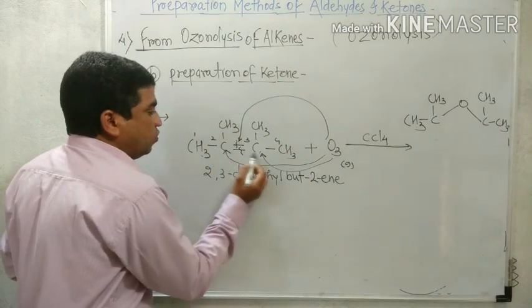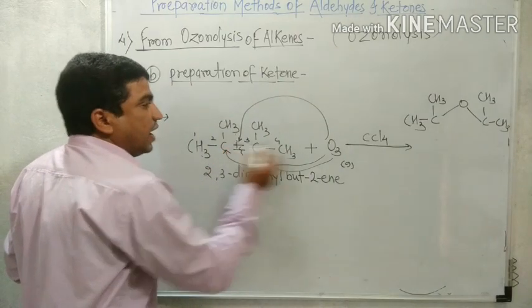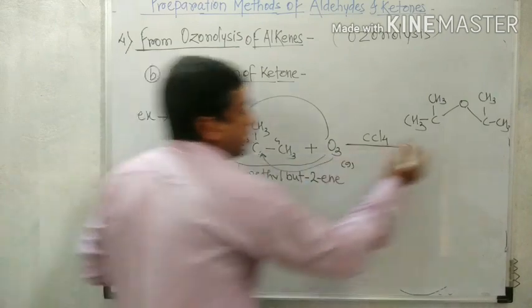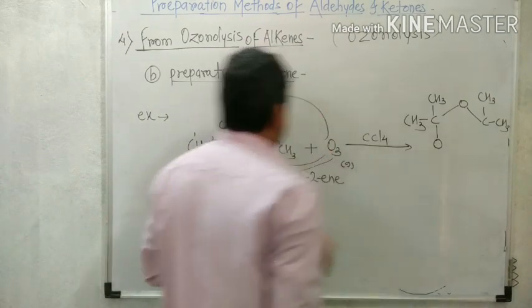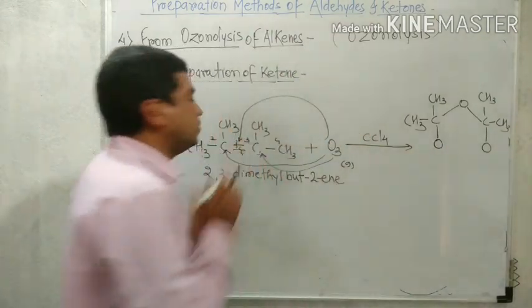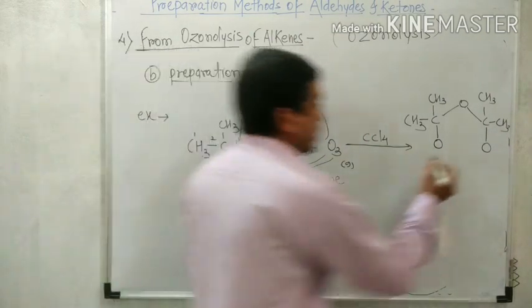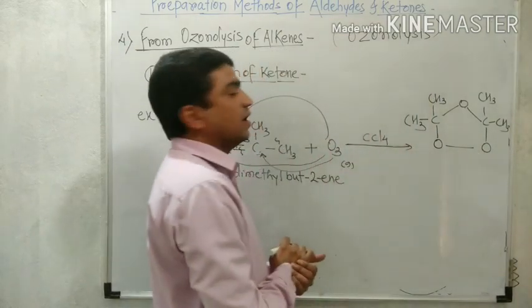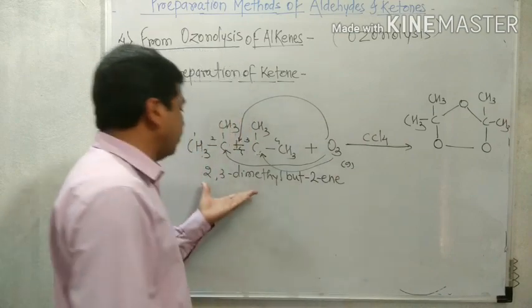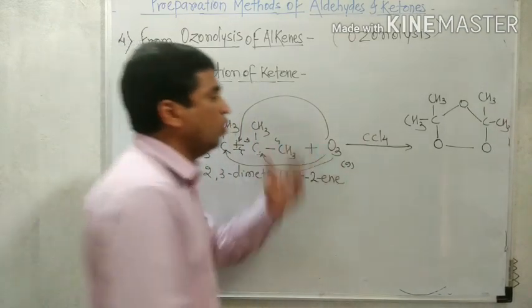This carbon is also attached with oxygen, and in between these two carbons, one oxygen gets added like this. The remaining two oxygen, one to this carbon, another to this carbon, and due to this both bonds undergo breaking and the oxygen forms a single bond. That is the structure of the corresponding ozonide of 2,3-dimethylbutene.